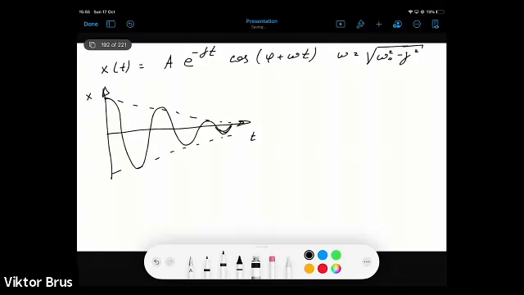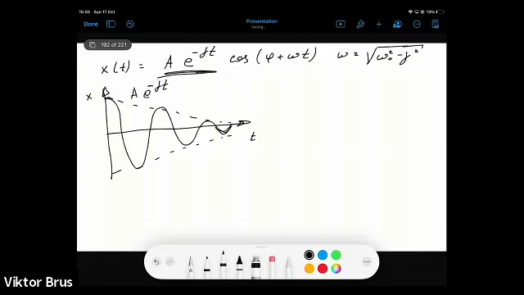And this curve, which defines how the amplitude of the oscillation decays over time, is our prefactor. It's A times exponent minus gamma times t. And we still have periodic motion, but with time-dependent amplitude.